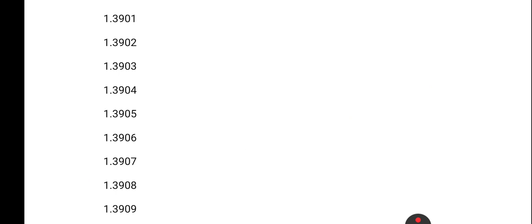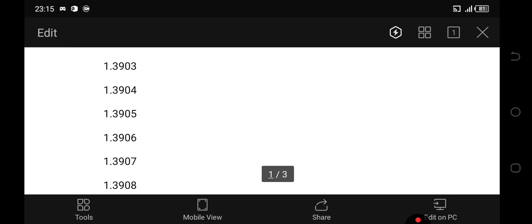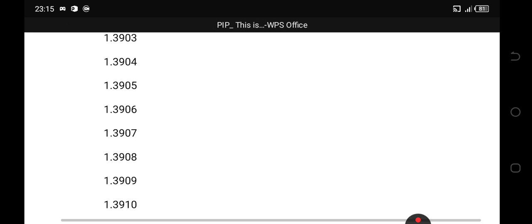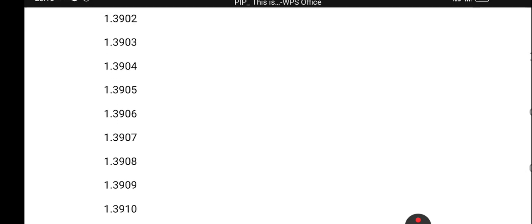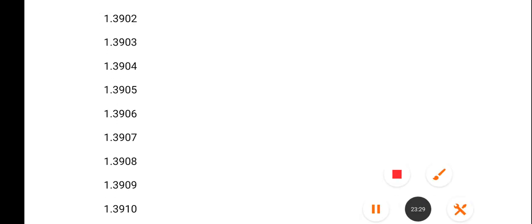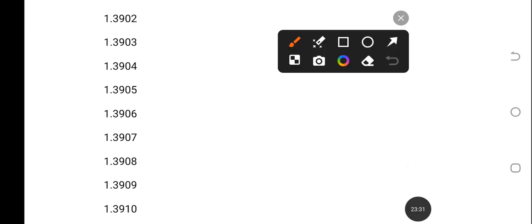So for those who normally give signals, this is how they give their signals. After doing all this analysis, they will tell you to enter your trade at a certain level. Let's say this is an uptrend now, because the market will move according to these values you are seeing.